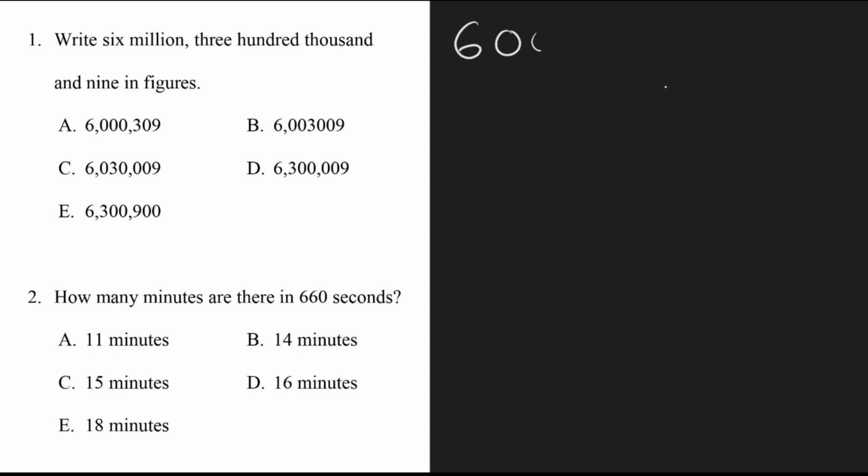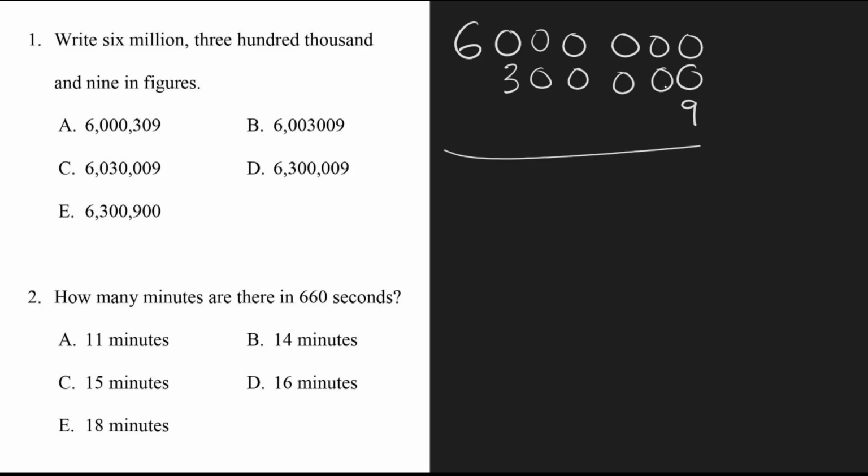6 million, right? Then we have 300,000, and we know 300,000 has 5 zeros. So we have 1, 2, 3, 4, 5, and 3. Then we have 9, which is the unit. So just write 9.